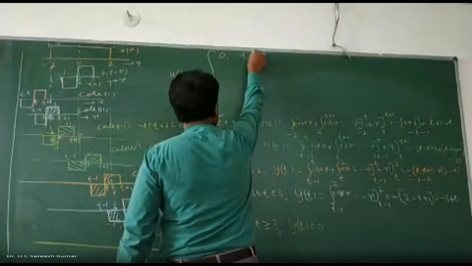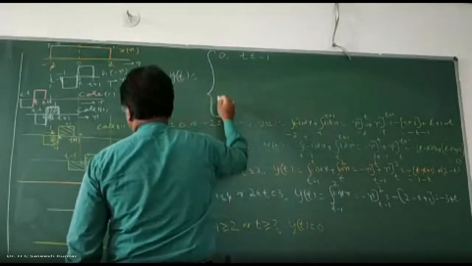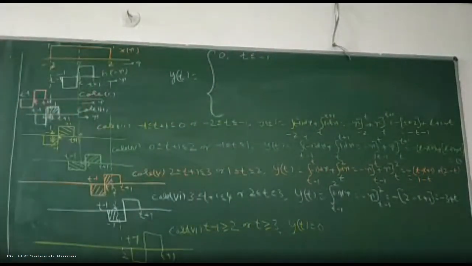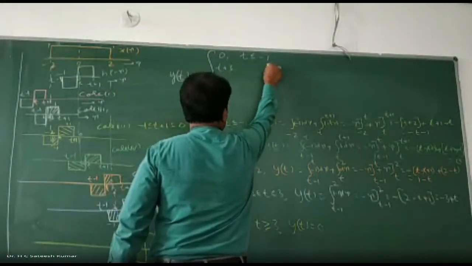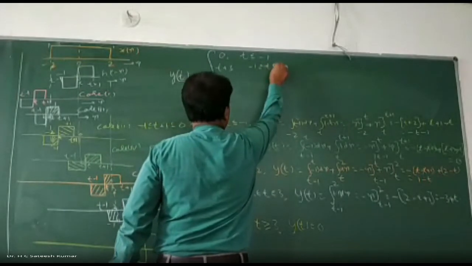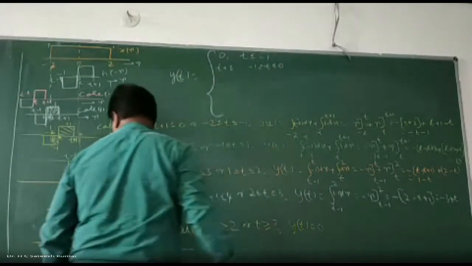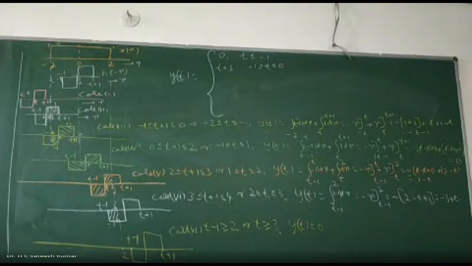Case 2, I forgot the answer, one minute, I'll check it out. T plus 3, for t lies between -1 to 0.